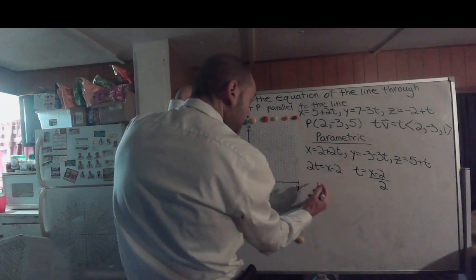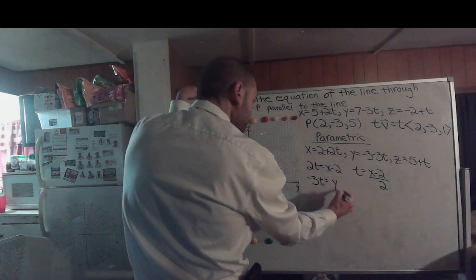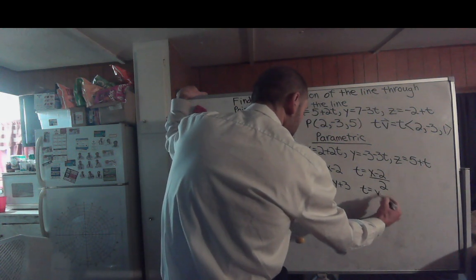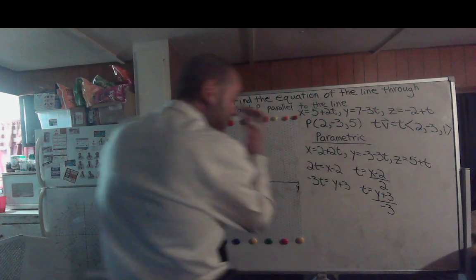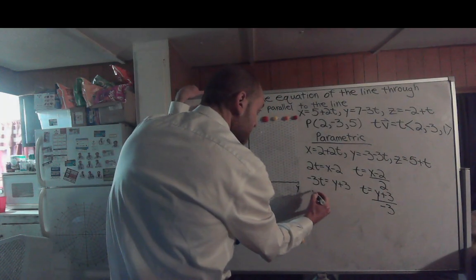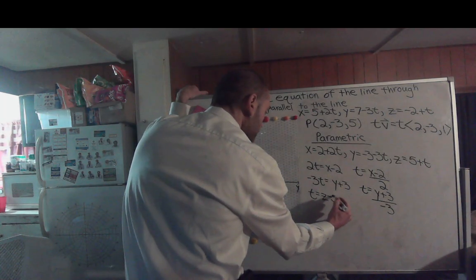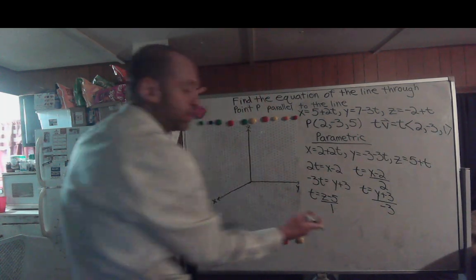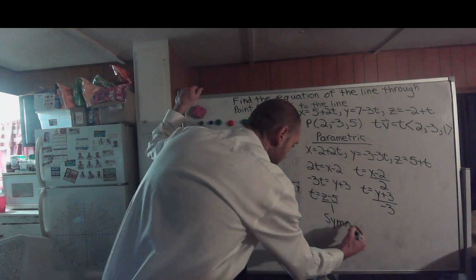Do it for your y, you'll end up getting negative 3t equals y plus 3, which would give you t equals y plus 3 divided by negative 3. And then if you do it for z, you'll just end up getting that t equals z minus 5, which we should really say over 1 if we're doing symmetric equations.